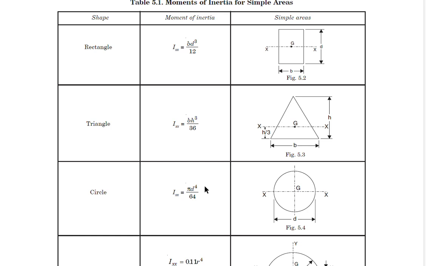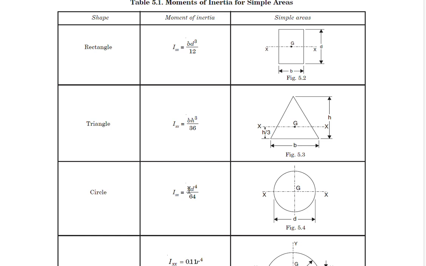Okay, for a rectangle, for the axis which is passing through its center, it is BD cube divided by 12, where B is the breadth and D is the depth. And for a triangle, it is BH cube by 36.